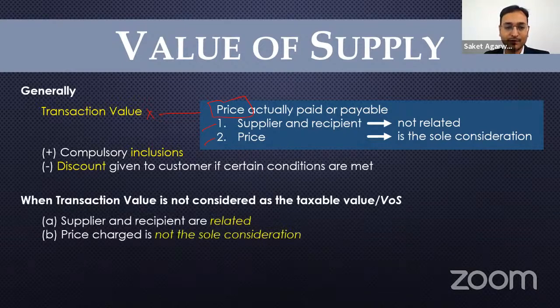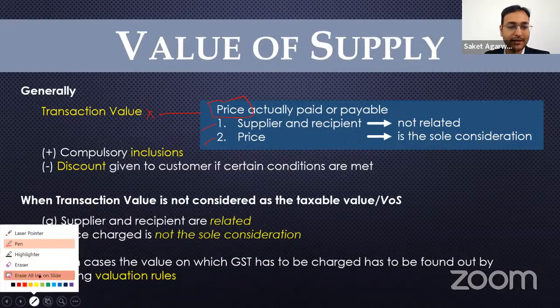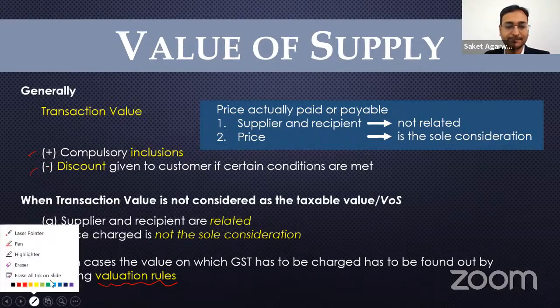That value is given in the valuation rules. What will be the value on which you will pay tax when these conditions are not there? That is given in the valuation rules. We will see the valuation rules also if time permits. Otherwise, we'll complete the compulsory inclusions and the conditions for you to be able to subtract discount from the invoice before charging GST.